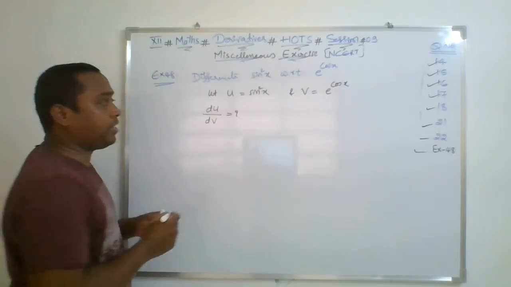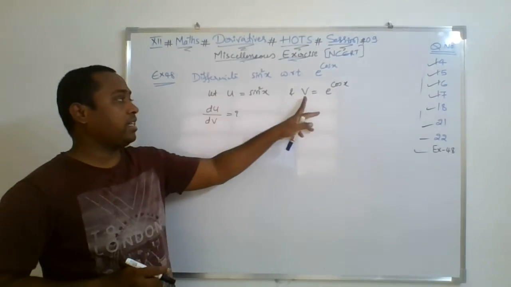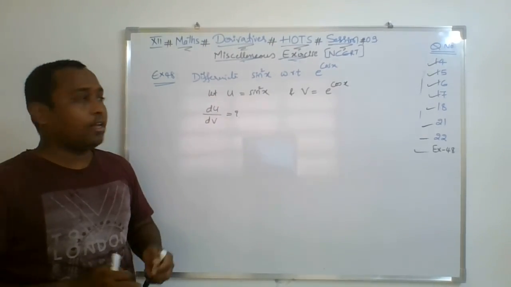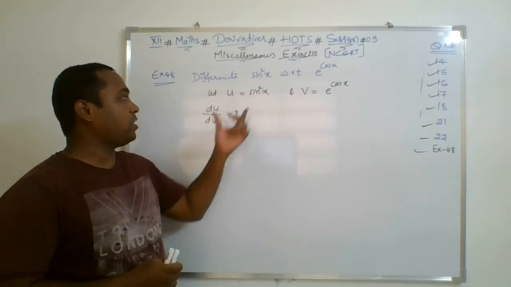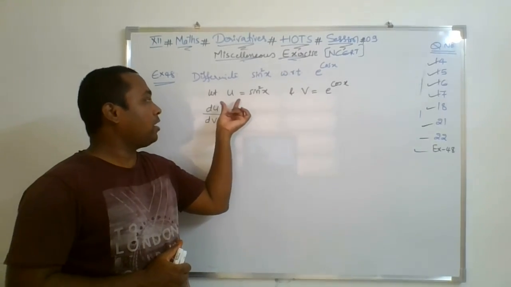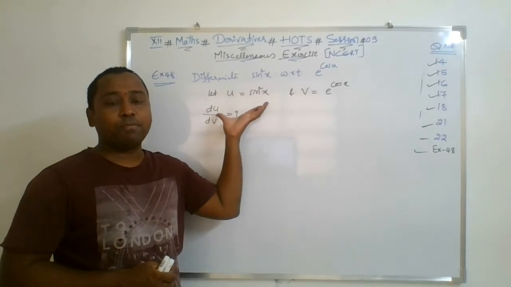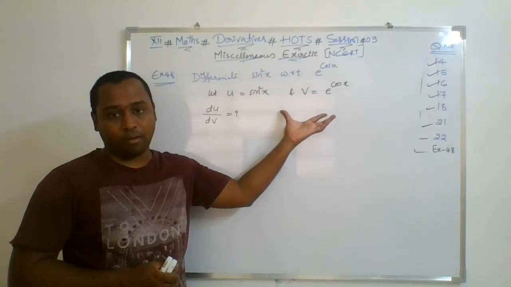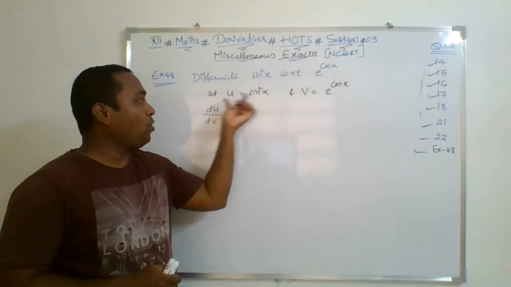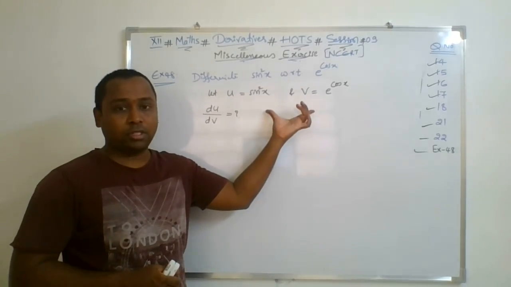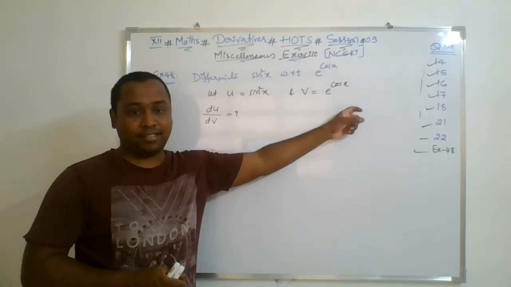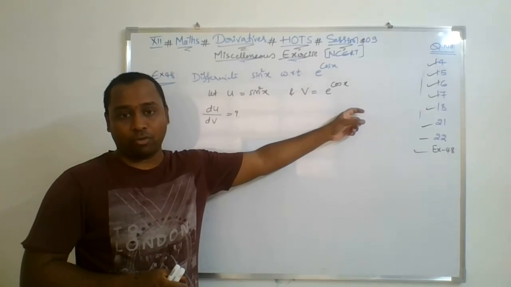This I require: du by dv. And when you're writing like this, this function is u and this function is represented by v. This is basically a parametric form of the equation. u and v are two different functions in terms of x. Hence, x is a parameter over here.